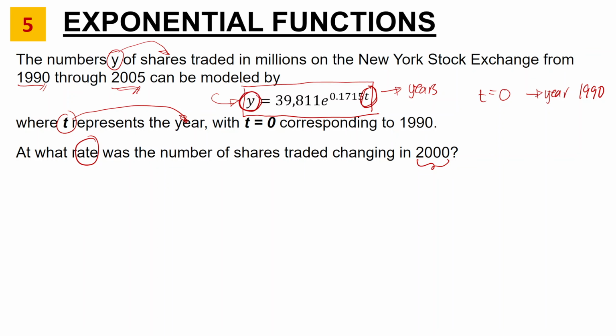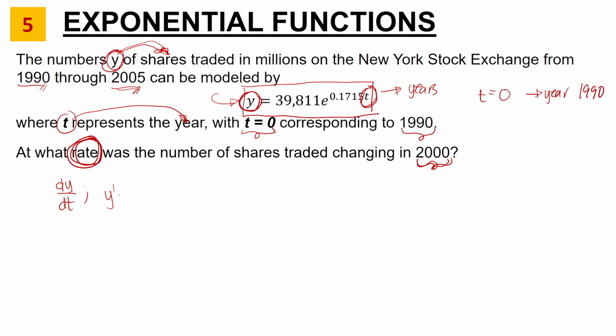Find what this variable means, that is the number of shares traded in millions, and then look for some conditions, here t is equal to 0, that is the year 1990, and then what is asked? We're asked to find the rate when the year is 2000. Since we are dealing with rate, it means that we are looking for dy over dt or y prime.